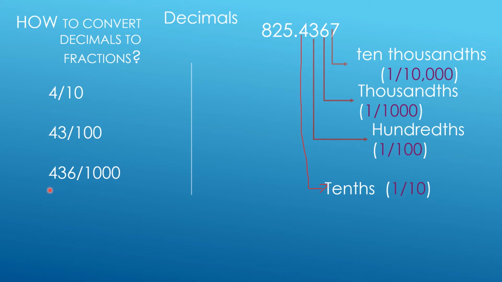If we have 436, the place value of 6 is thousandths, and the denominator should be 1,000. So 436 over 1,000. And if we have 4,367, we're going to divide that by 10,000. Okay, so you need to remember that.